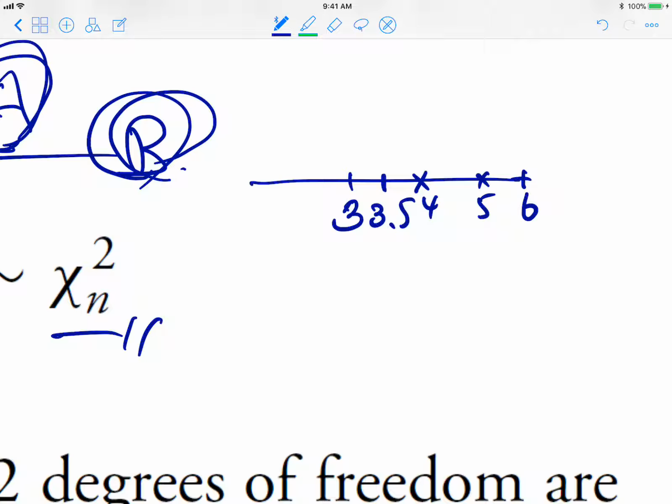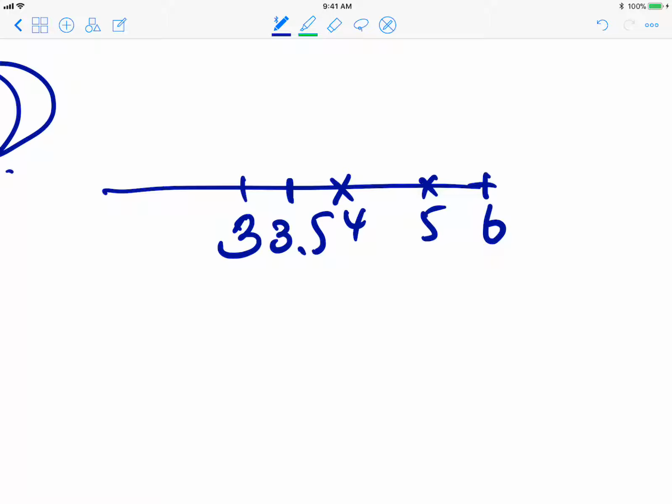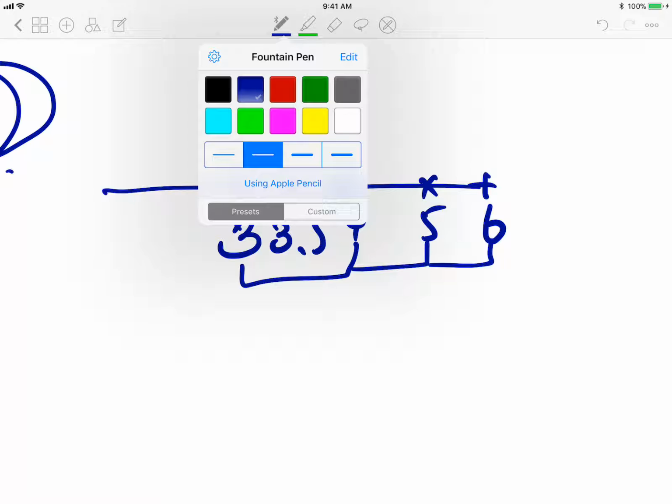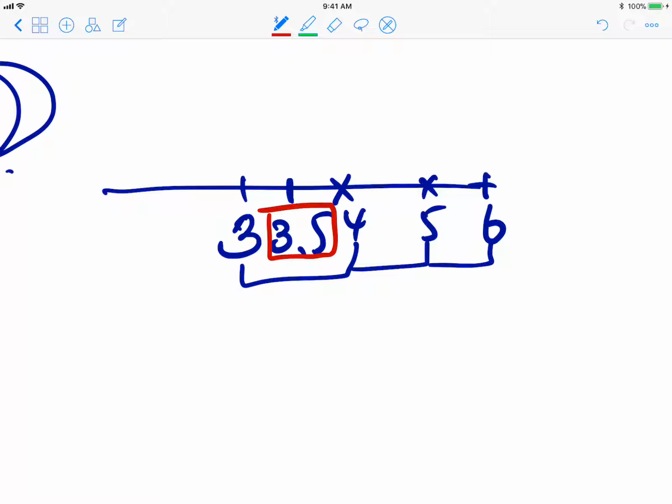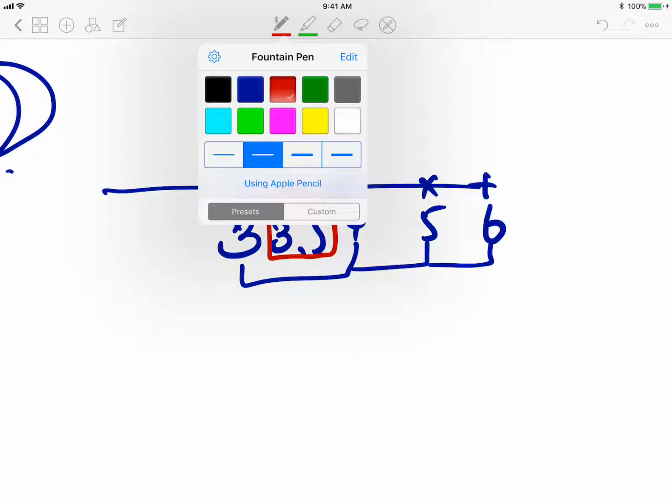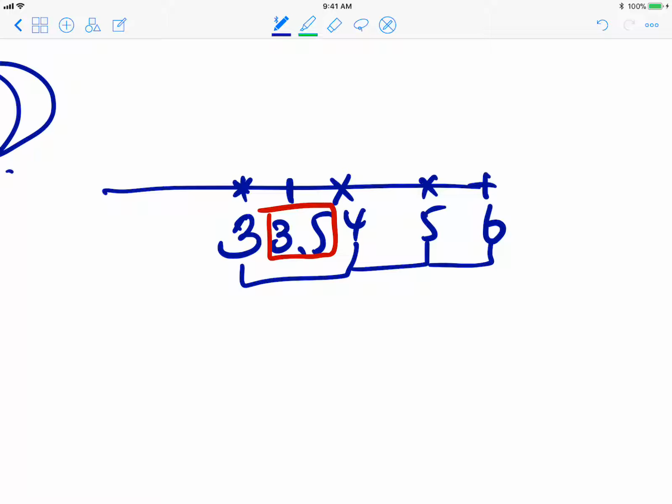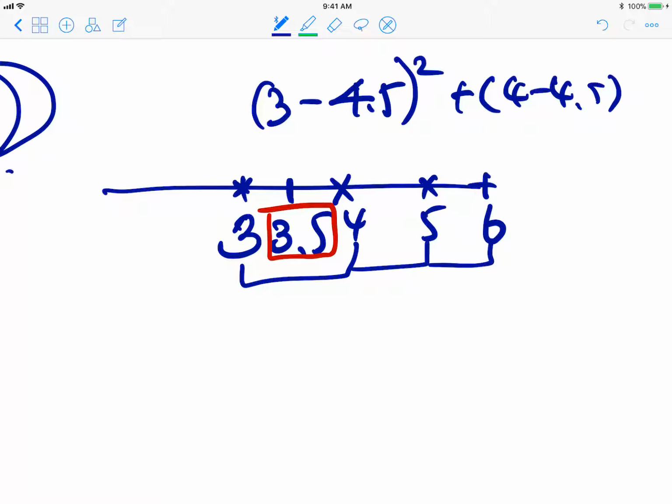and maybe 6, and then we compute the variance. This is the true mean value, but our observation is 3, 4, 5, 6, so we observed 4 values, and the sample mean is 4.5. So 3 minus 4.5 squared, and 4 minus 4.5 squared.